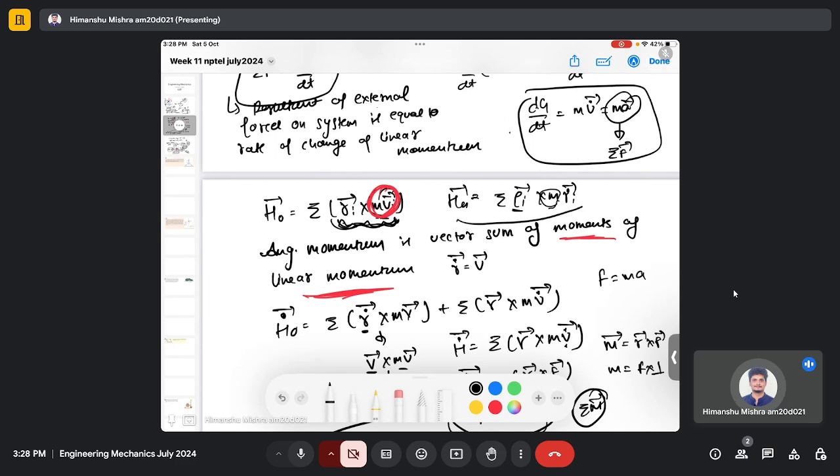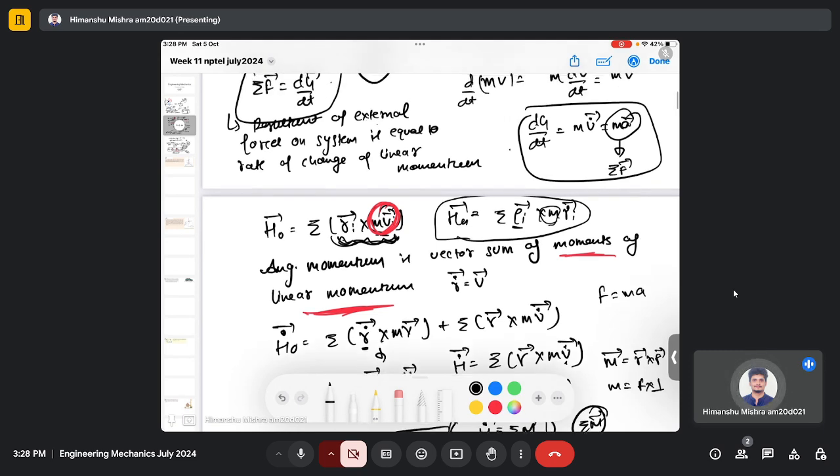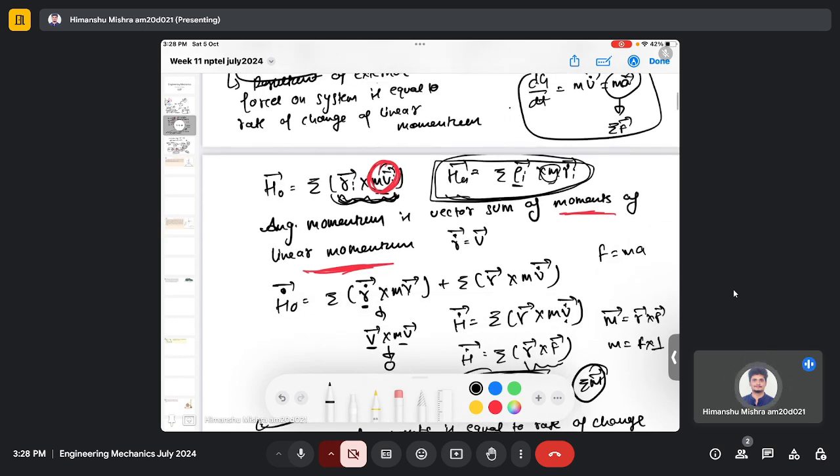So this is the angular momentum at the center of gravity. If the body has a center of gravity G, then about that point this is the angular momentum. But if I am given a random point P which is at some random direction far from the center of gravity, then what will be the angular momentum about that point P?